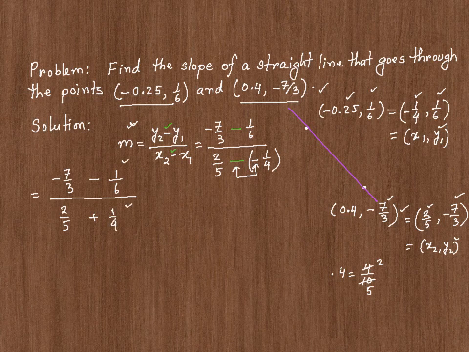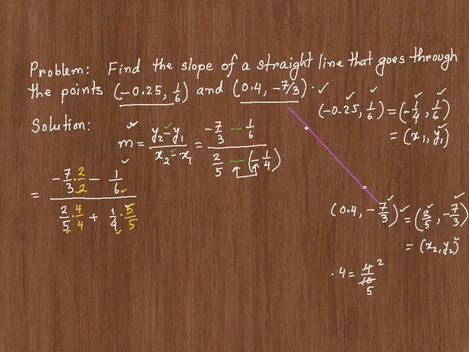To combine fractions, we need the same denominator, so we must find the LCD first. What is the LCD of 6 and 3? It's 6. So I'm going to multiply this by 2 and divide this by 2, that way I have 6 in the denominator here. On the bottom, the LCD of 5 and 4 is 20, so I'm going to multiply this by 4 and divide this by 4, and multiply this by 5 and divide this by 5.